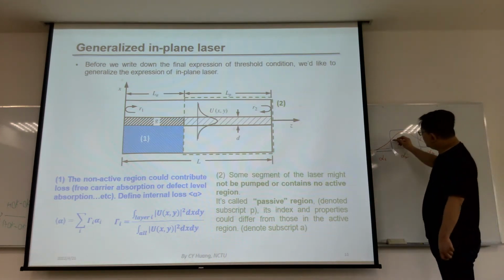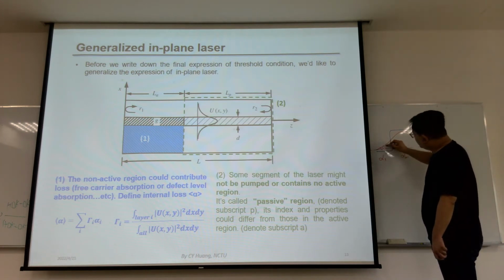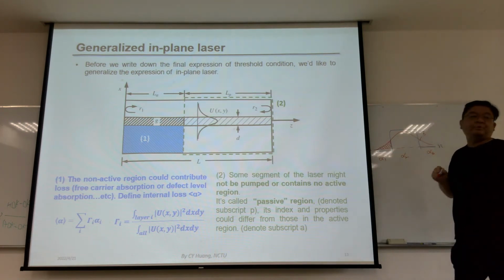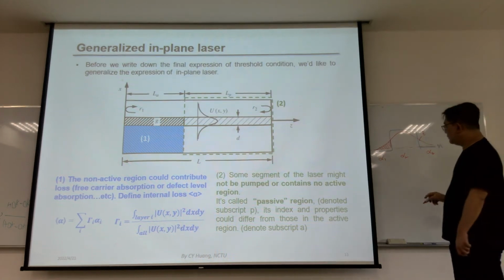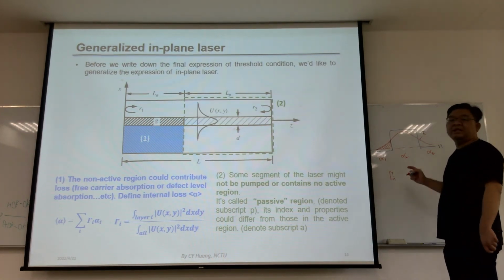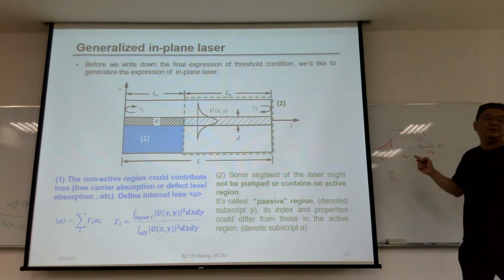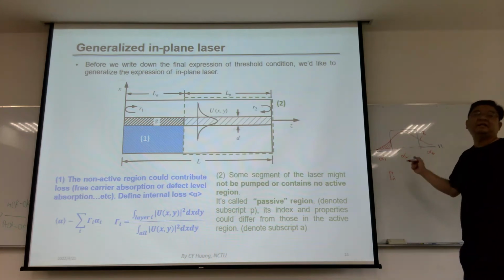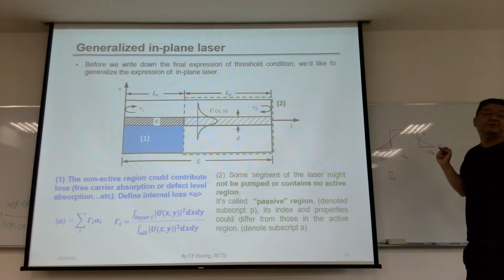Then the portion of the electric field, gamma i, when it is not in the active region, we call it the overlapping function. If it's in the active region, we call it the confinement factor. That's the same thing.